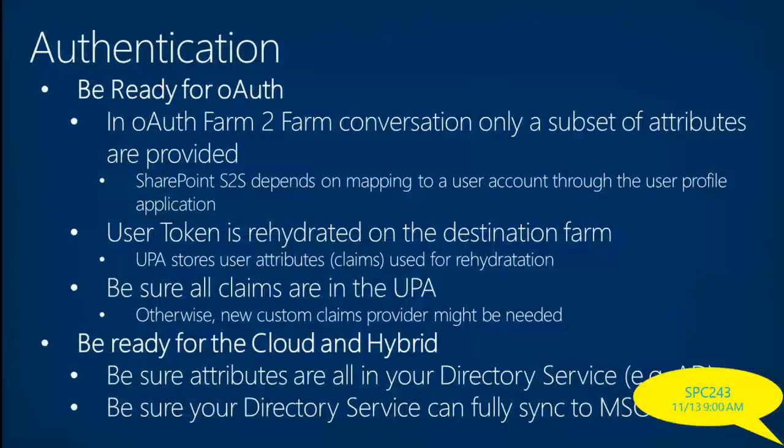It's based on claims. The way it works is that you bring three or four claims from one farm to another in a service-to-service conversation. On the other farm, the token of the user is rebuilt by using the information provided in the call, and then the user identity stays there on behalf of the calling farm.